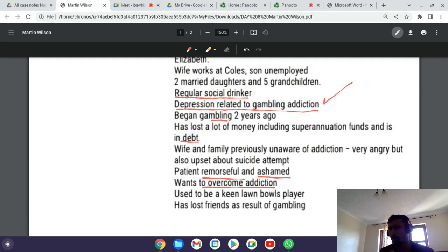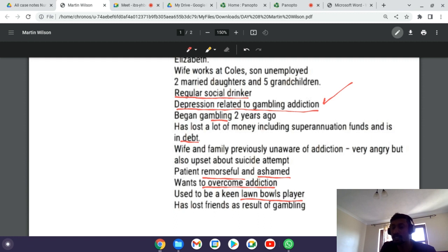Is that important or not? Yes, and we can use that information. Yep, that's right. So later, when we are writing the paragraph, we can use that information. Consider it as semi-relevant.